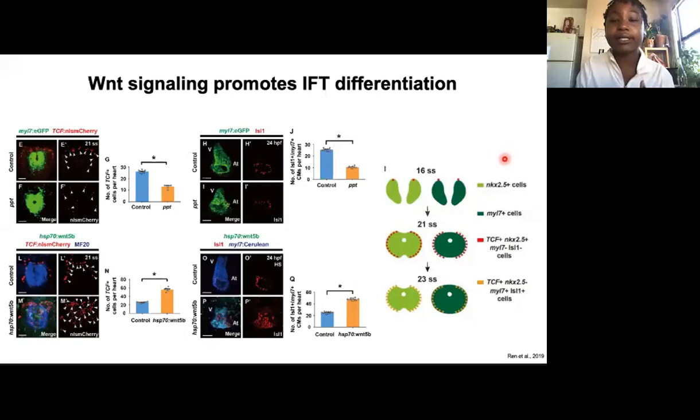So this data tells us that Wnt signaling is very important for promoting the differentiation of pacemaker cells, but the question remains as to which signaling mechanisms are upstream of Wnt, making sure that the right cardiac progenitors become Wnt responsive in order to differentiate into inflow tract cells.